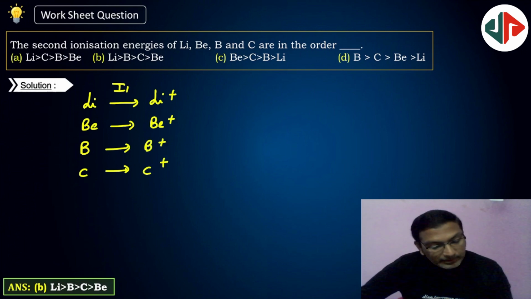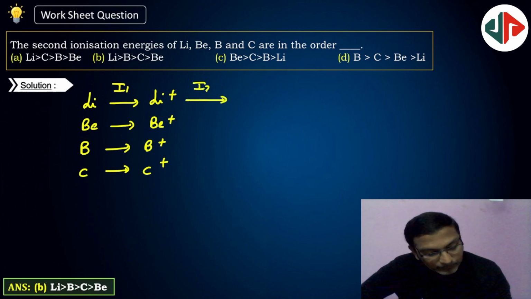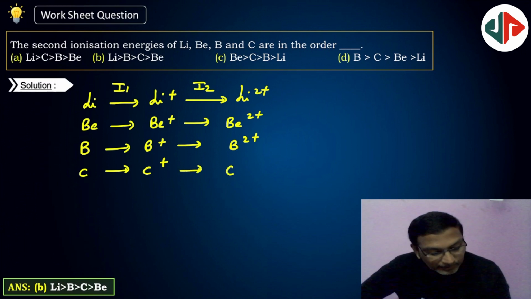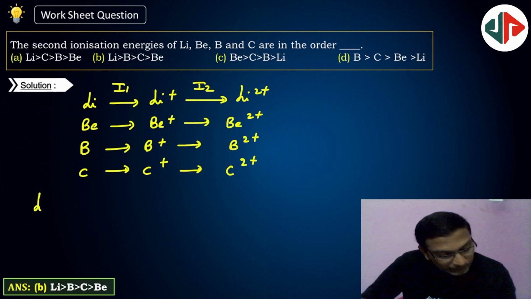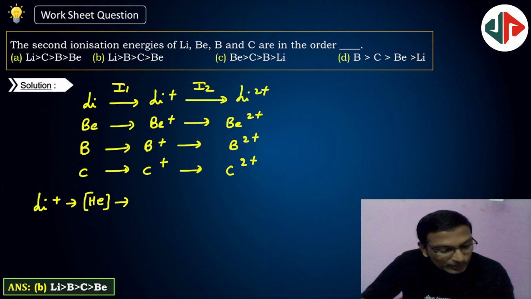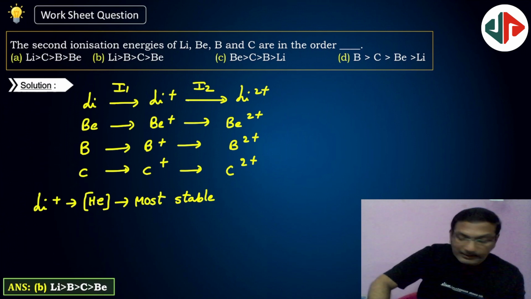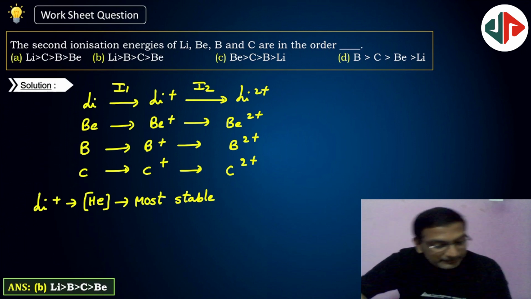So second ionization energy I2 gives Li2+, Be2+, B2+ and C2+. So after removing one electron, Li+ becomes helium configuration, most stable due to noble gas configuration. Therefore, second ionization will be very high.